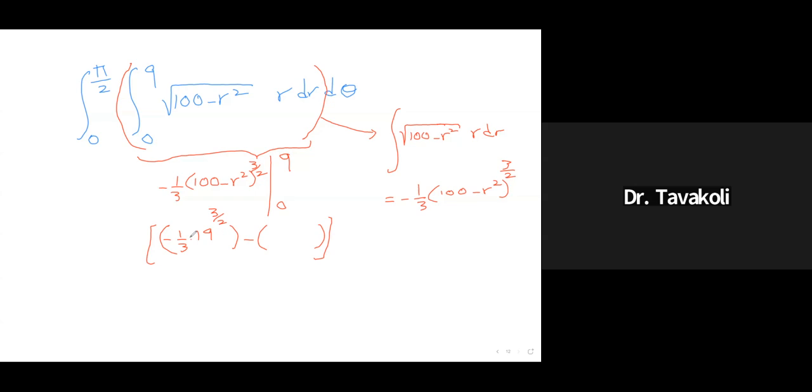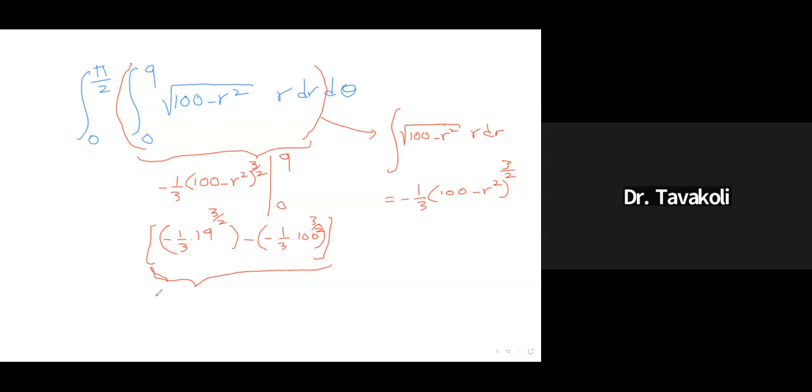At 0, that's easier. 100 minus 0 is just 100. So I have minus minus 1/3 times 100 to the power of 3/2. And I want an exact answer, so I don't use estimated decimals. Let's see what number it is here.